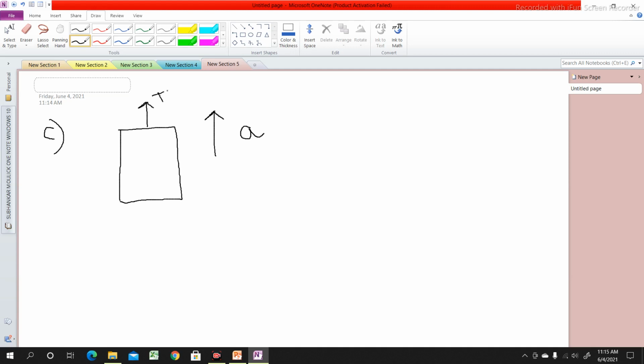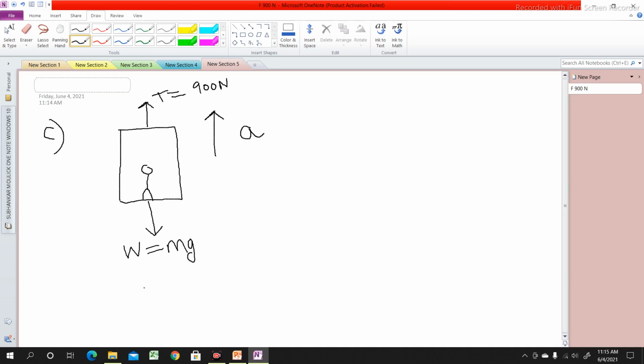How much is tension T given? That is 900 Newton. Okay. The man is standing on the floor of the lift. The weight of this man will act vertically downward. That is W is equal to mg.